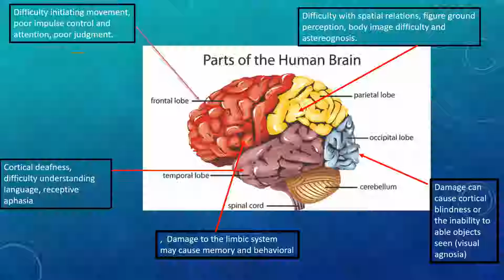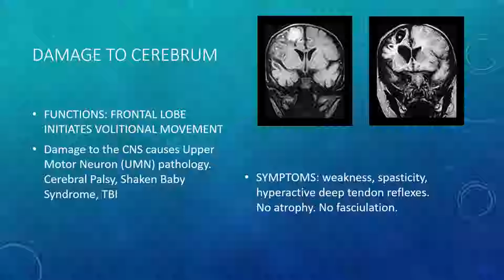The things in the boxes that I have here are to show you some of the symptoms you could see if those particular lobes of the brain are injured. At the very bottom, the limbic system is actually deep to the temporal lobe, but damage to the limbic system can cause memory and behavioral issues. So I just wanted to show you some examples of damage to the cerebrum.